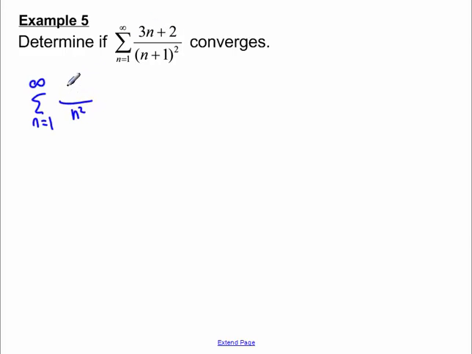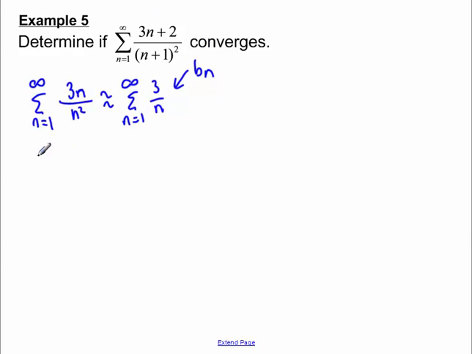The highest power on the top is 3n. So we could say this is approximately 3 over n. So this is going to be our b of n. So I just kind of simplified this function.